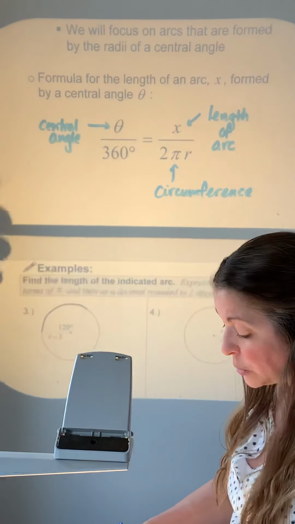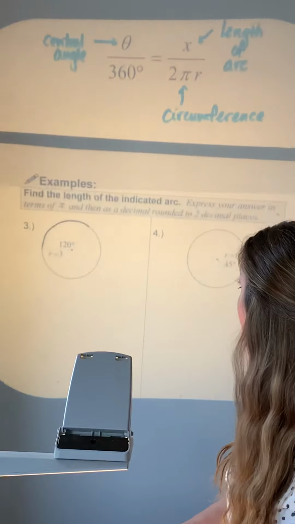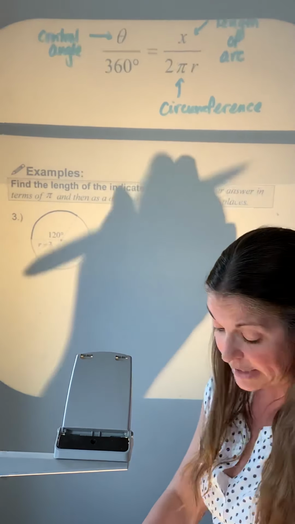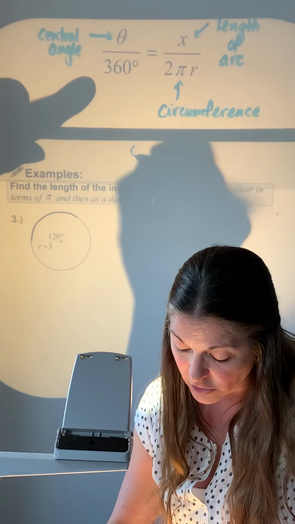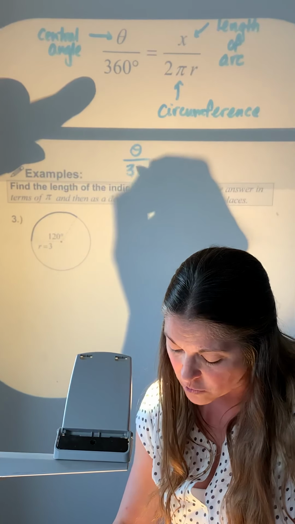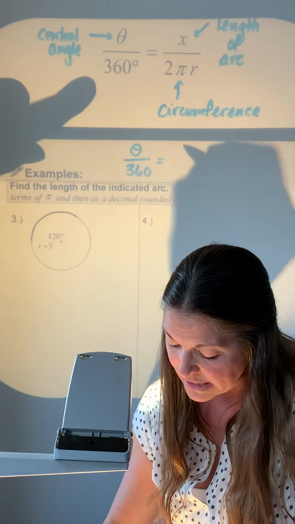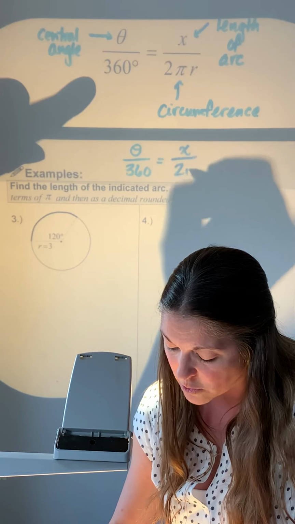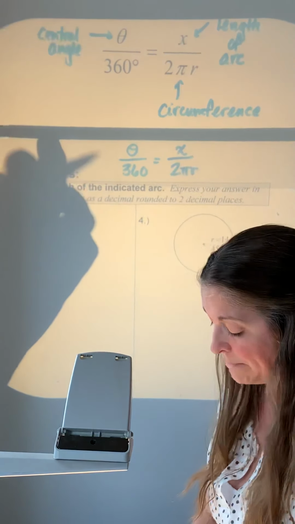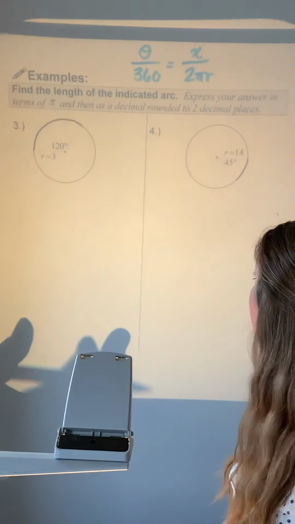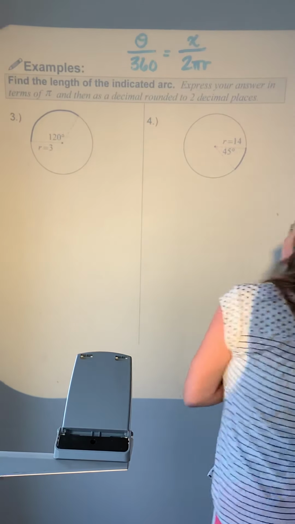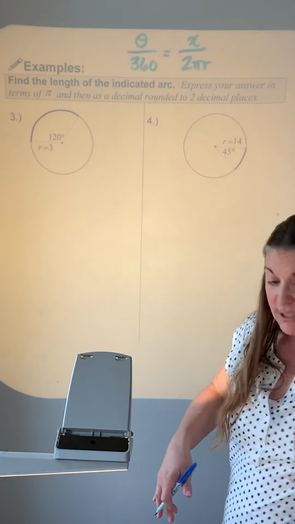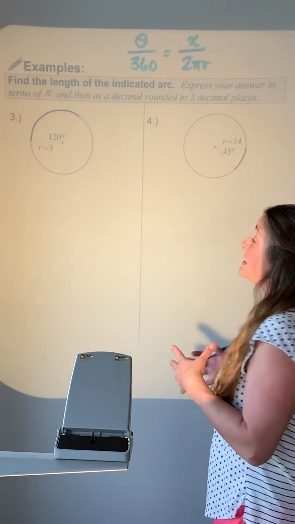So our last 2 problems right here, and what I'm actually going to do is I'm just going to write this formula again at the top of my new slide. So I've got theta over 360 and then x over 2 pi r. And that's what I'm going to need for these 2 problems here. So notice the change in the directions. It says find the length of the indicated arc.